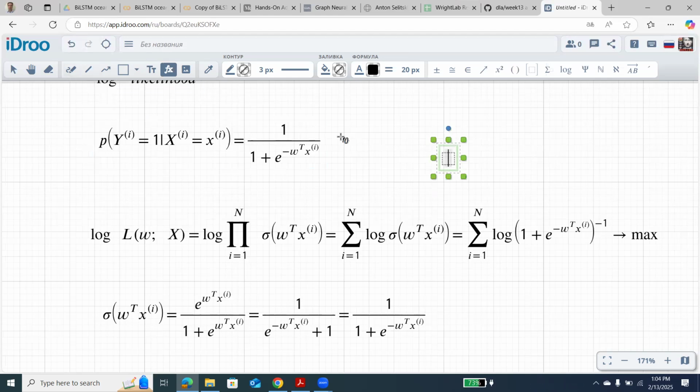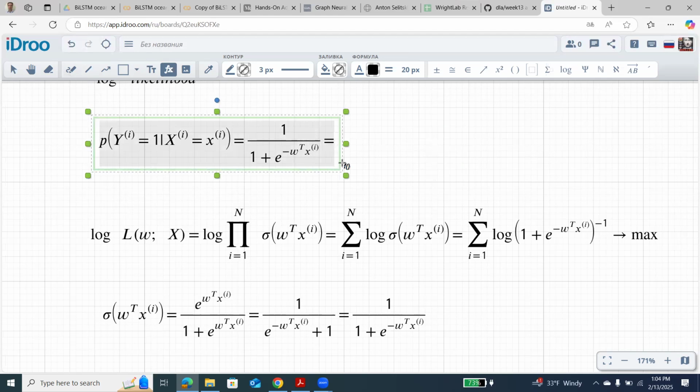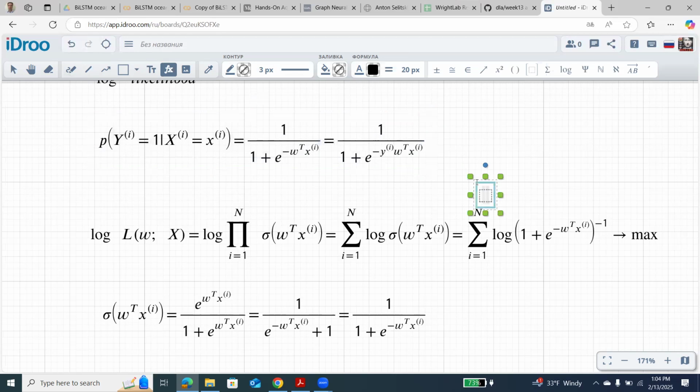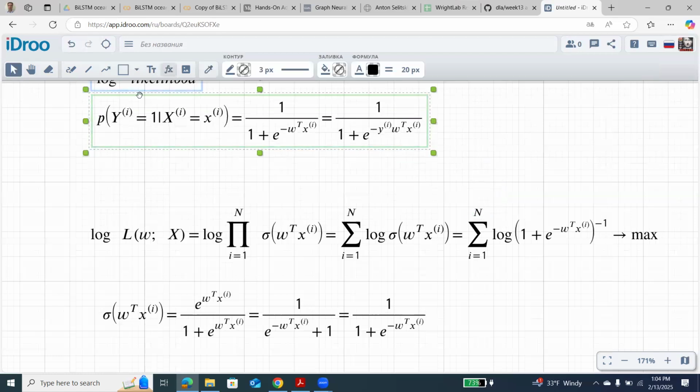Now, because y is positive, y is equal to 1, we can rewrite this using margin notation. So because y equals 1, I can just use y here. Y is 1, so it doesn't change anything. What is the probability for negative class?